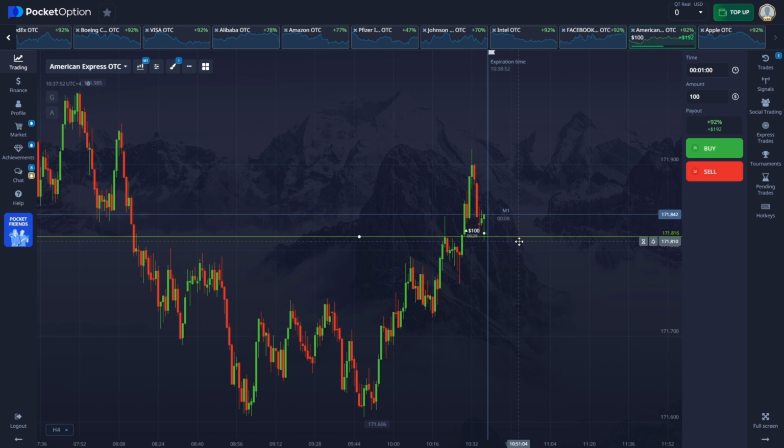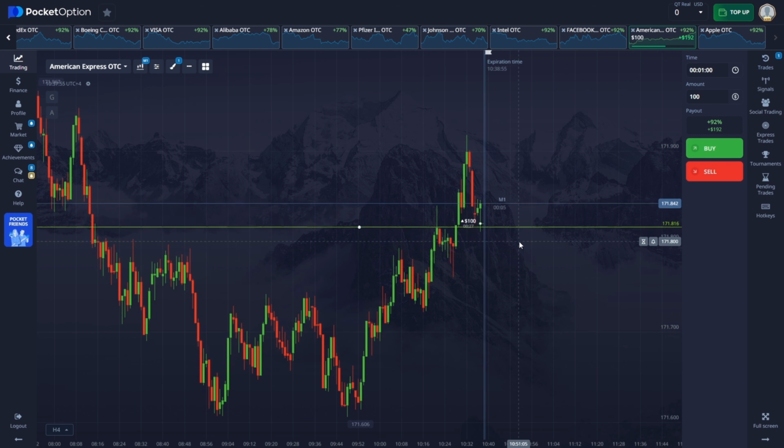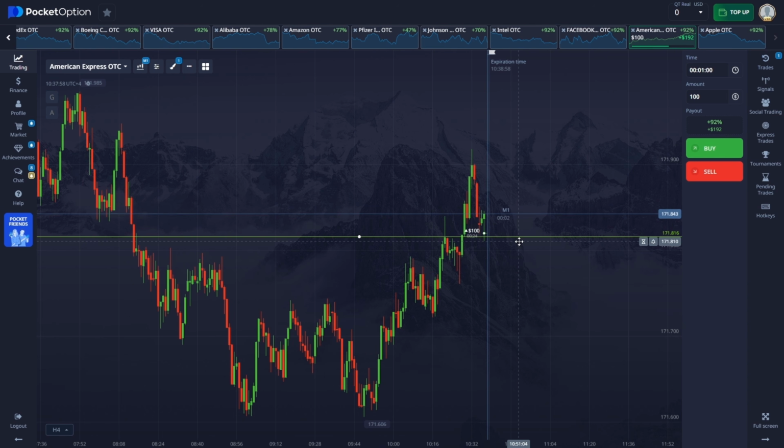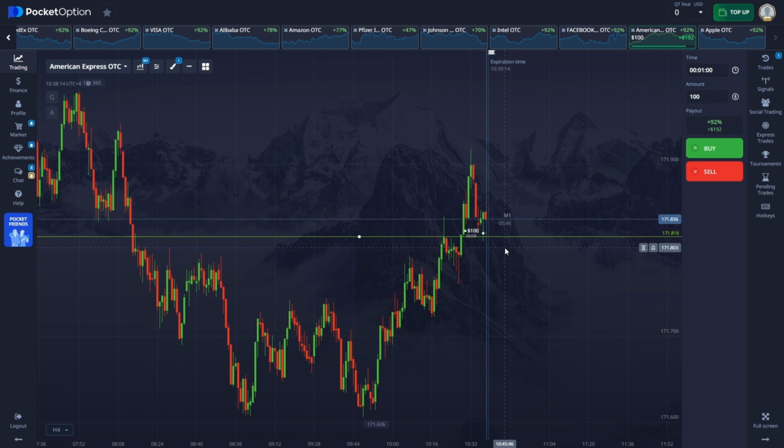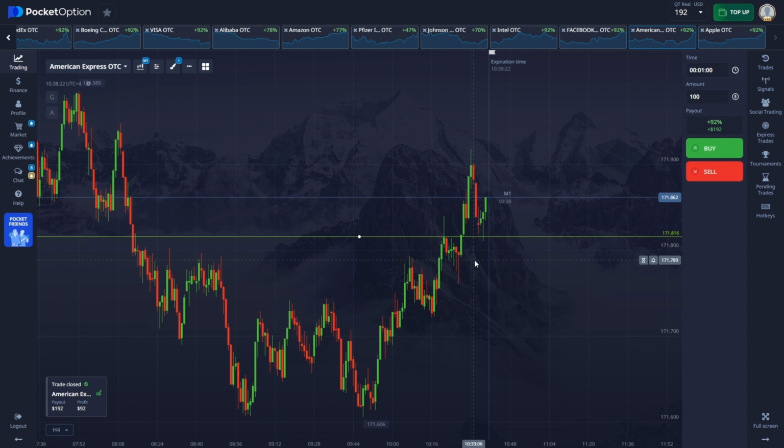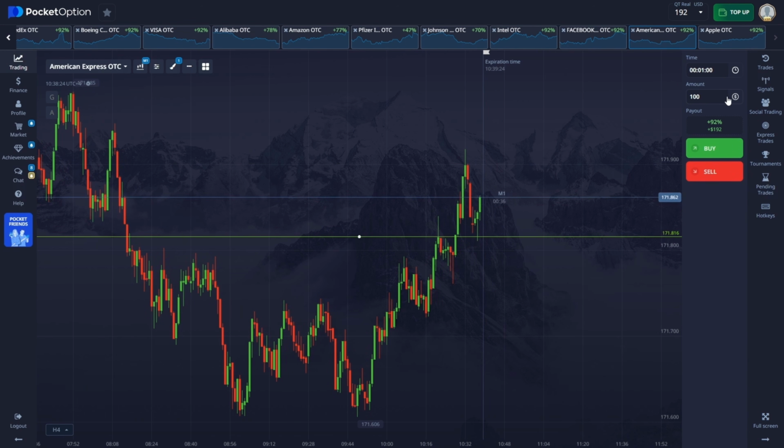We still have 30 seconds left. Just a few seconds and I won my first trade. Now my balance has increased to $192.